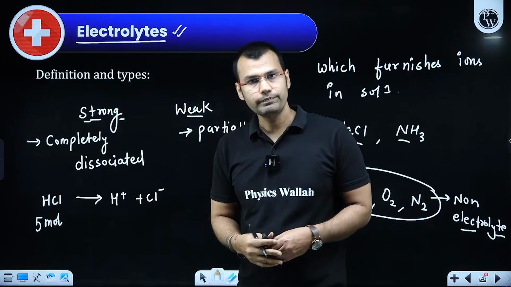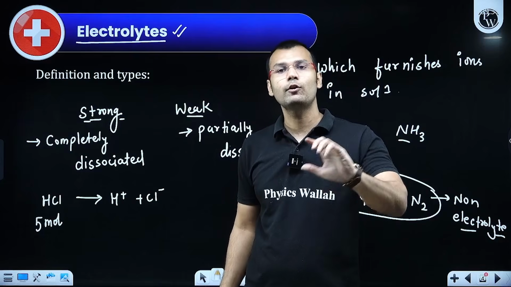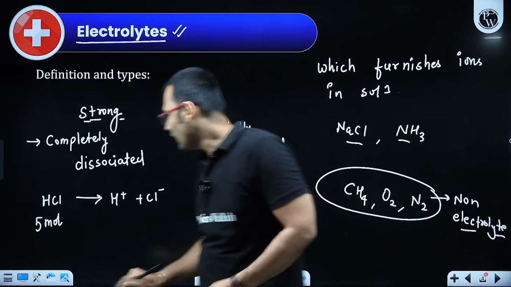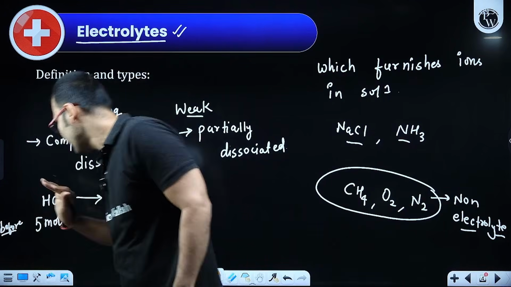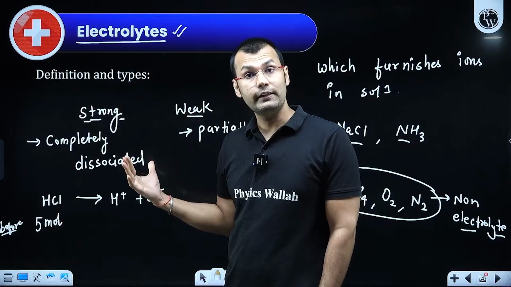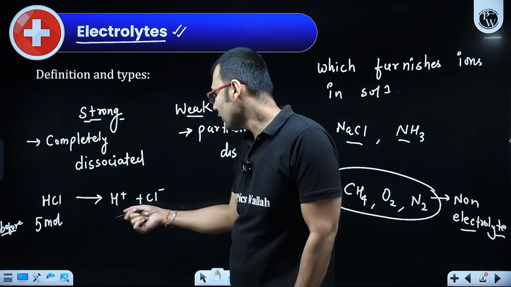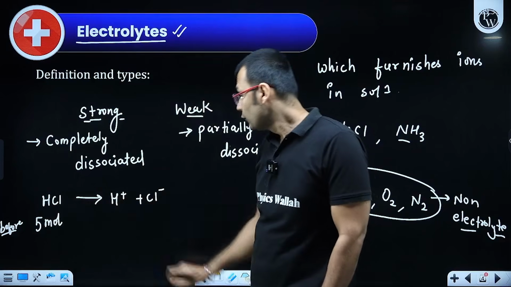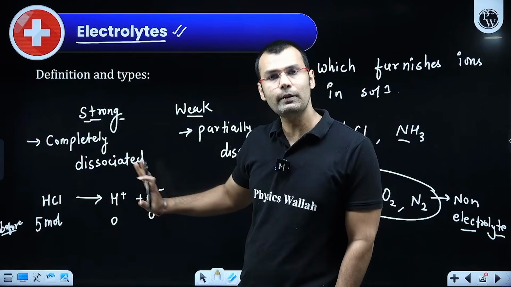Now, suppose I consider the state before dissociation has happened. So before dissociation, I have only the molecule HCl, which is 5 moles. And of course, if dissociation has not happened, the amount of ions will be 0, right? Initially, before dissociation.